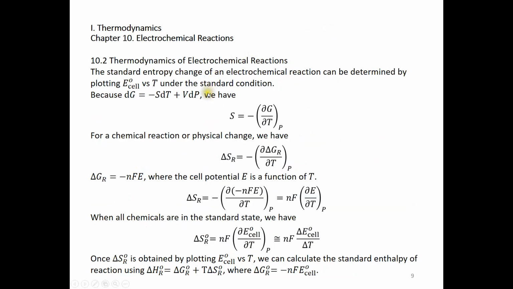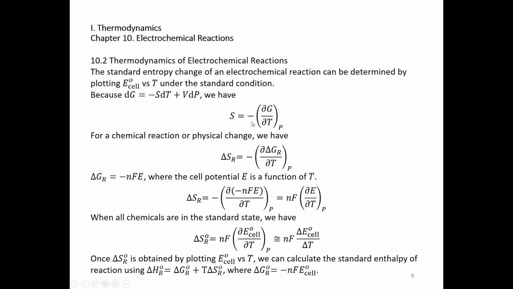Now let's look at the entropy change of an electrochemical reaction. So how do we do this? Well, first, dG is negative S dT plus V dP. So we have this equation. At constant pressure, entropy is negative delta G over delta T. For a chemical reaction or physical change, we can use this same equation for the reactants and also for the products.